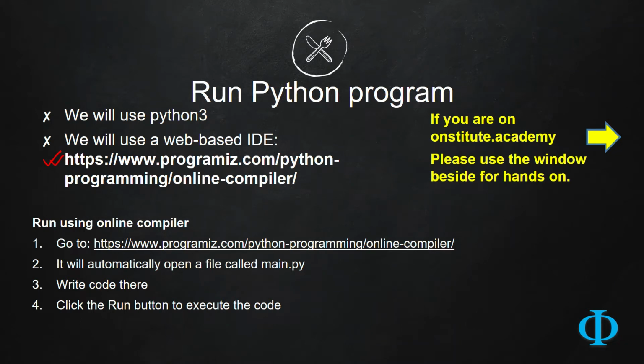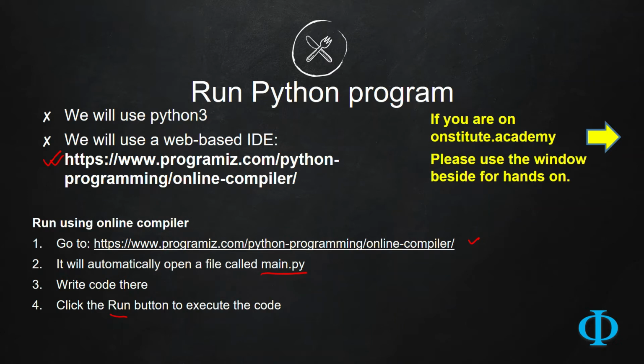https://www.programmies.com/python-programming/online-compiler/. Whenever you go to this website, it will automatically open a file for you called main.py. You can start writing your code there, and on the website there is a run button which you can click to execute your code.